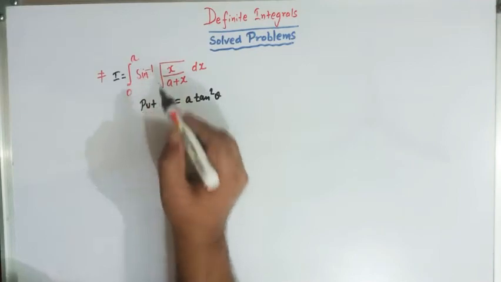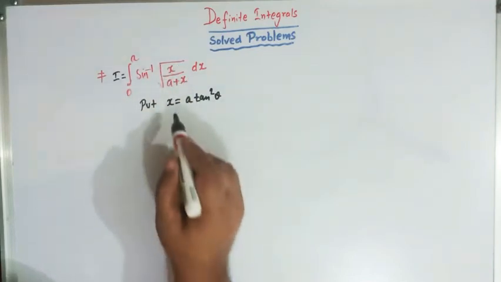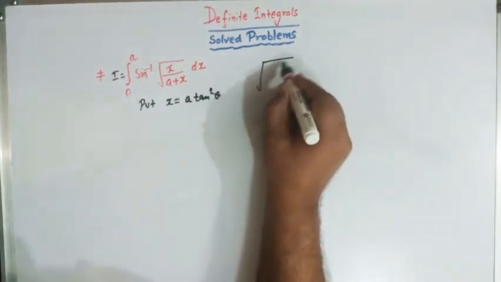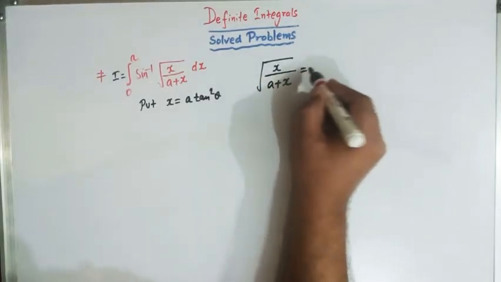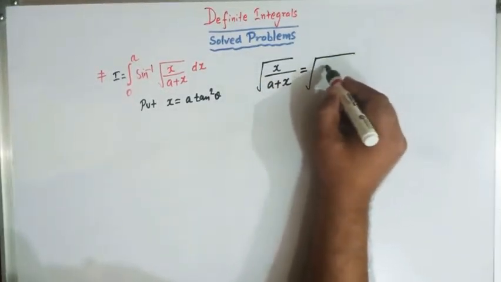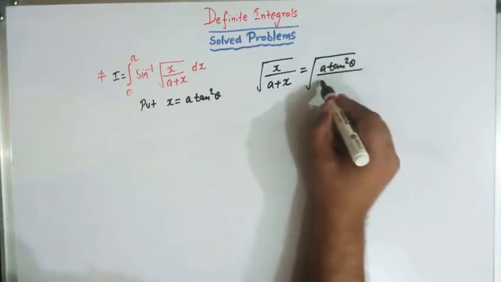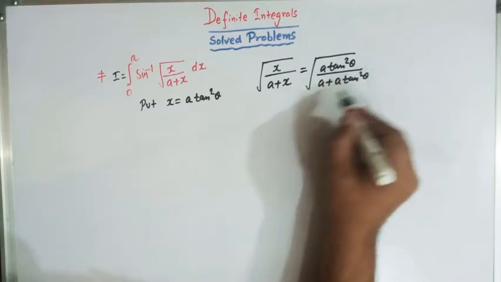So this expression, that is square root of x over a plus x, becomes a tan square theta divided by a plus a tan square theta.